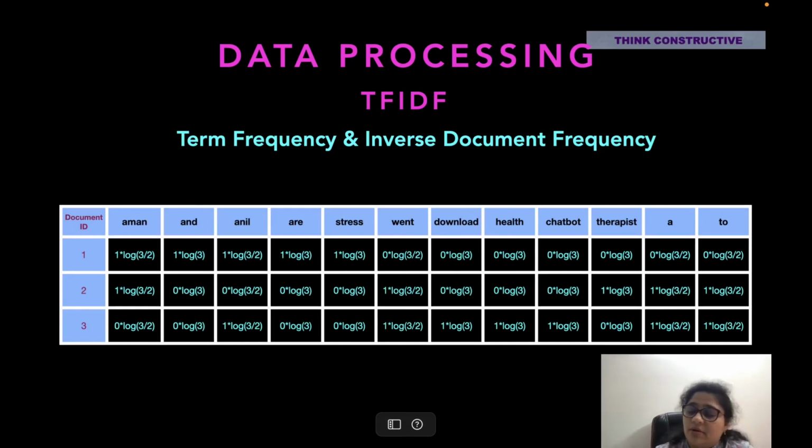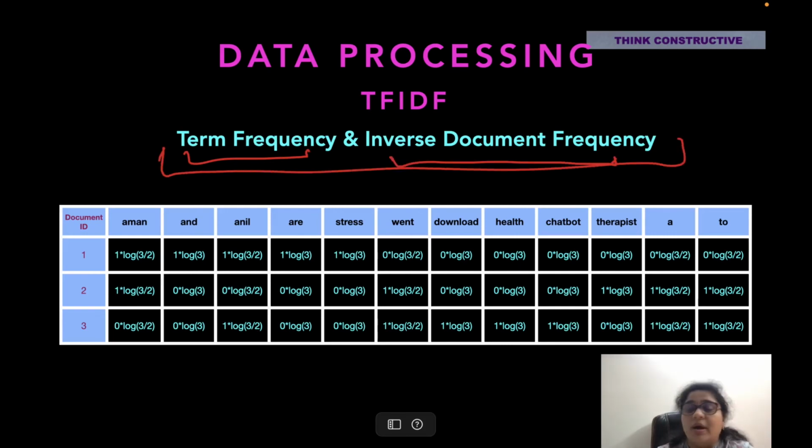So you remember our document vector table. Then we calculated the IDF, we saw TF, we saw IDF, and now we are seeing the combined thing, TF-IDF. So this was the table which we were discussing. For document ID 1, let's take Aman as a word. What was Aman's term frequency? For document 1, it was 1 only, multiplied by log of 3 by 2, or log of IDF.